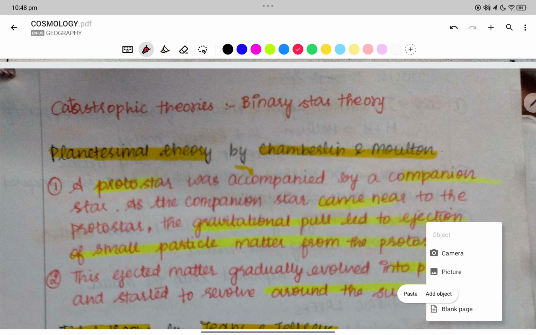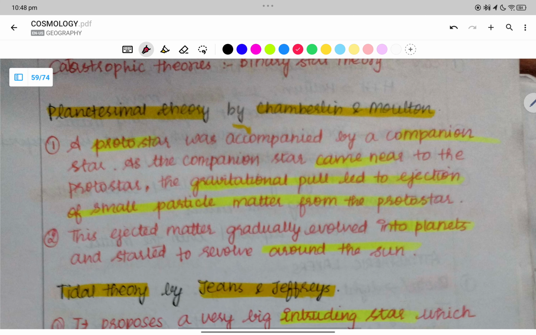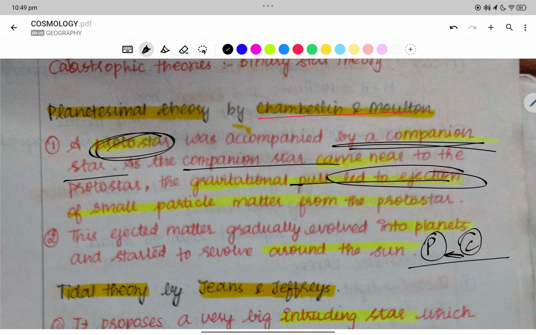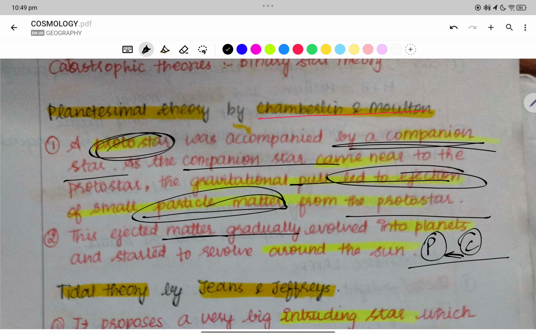In the planetesimal theory by Chamberlain and Moulton, a protostar was accompanied by a companion star. As the companion star came near to the protostar, gravitational pull led to the ejection of small particles from the protostar. The ejected matter gradually became planets, right?